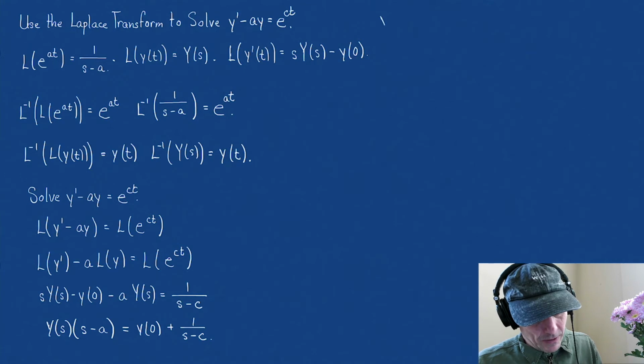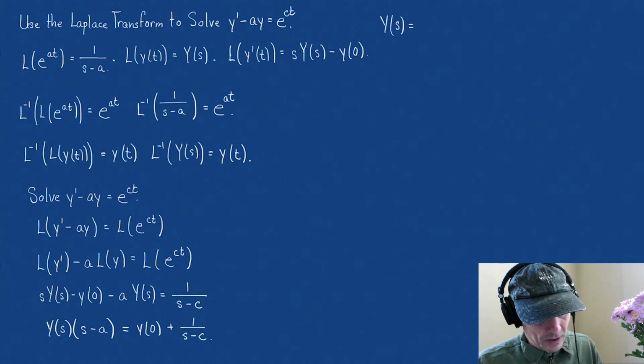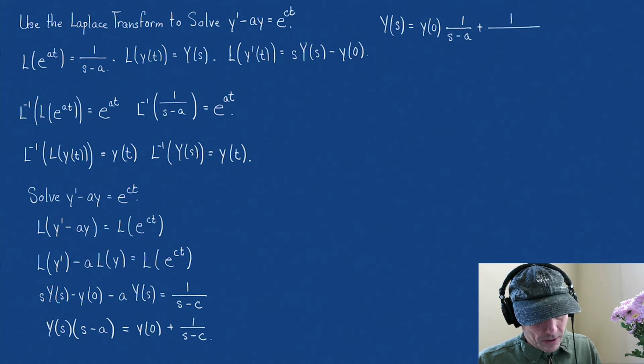So we have that capital Y of s is equal to y of 0 times 1 over s minus a plus 1 over s minus a, s minus c.